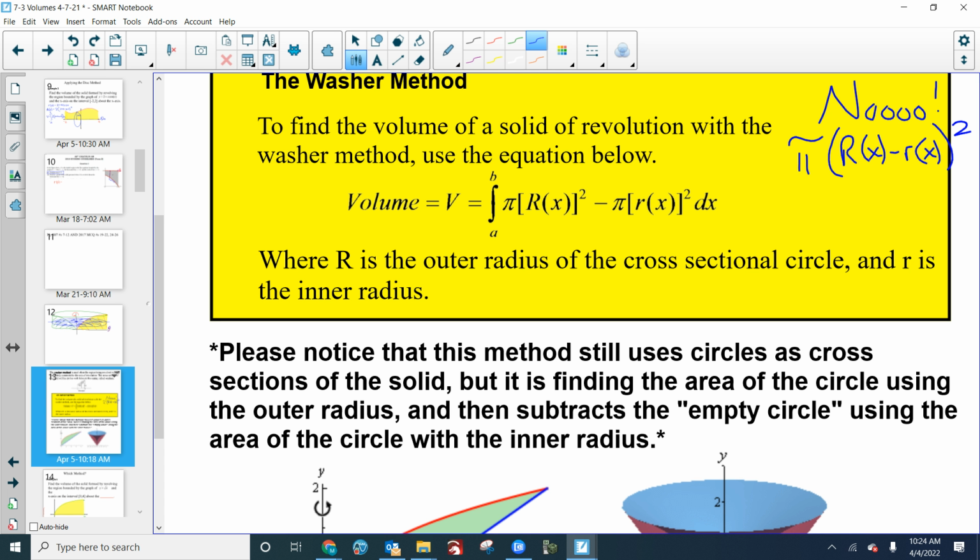Do you guys agree? That's not correct. Subtracting the r's first, then squaring them. Algebraically, that's not the same. Are we okay with that? Yes? All right. Some of you aren't paying attention. You're still going to mess up. I warned you. I warned you.